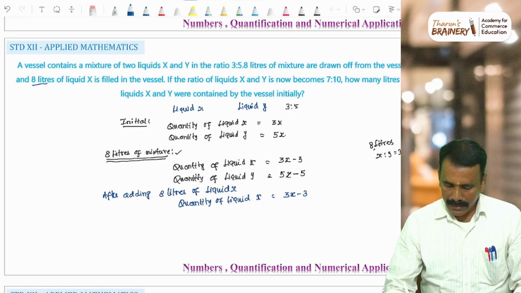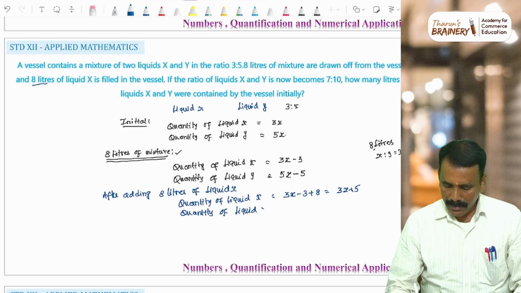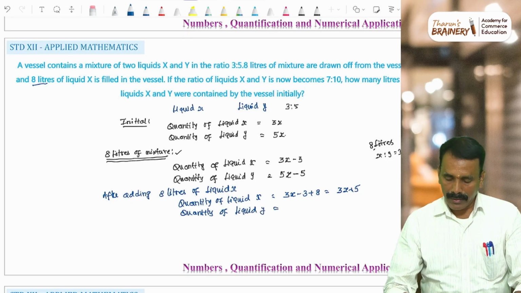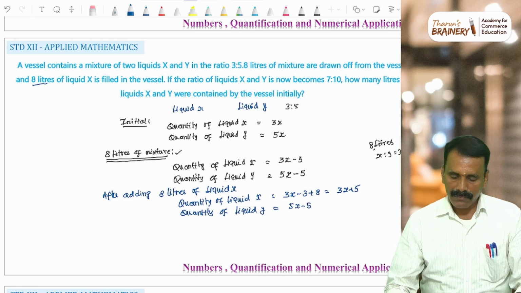Now we are going to add 8 liters. So it will be equal to 3x plus 5. Quantity of liquid Y: there won't be any change for liquid Y. It will remain 5x minus 5.